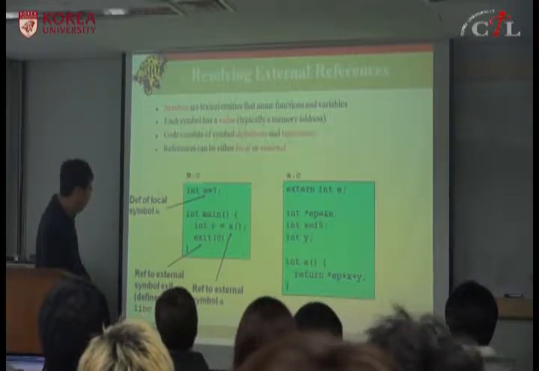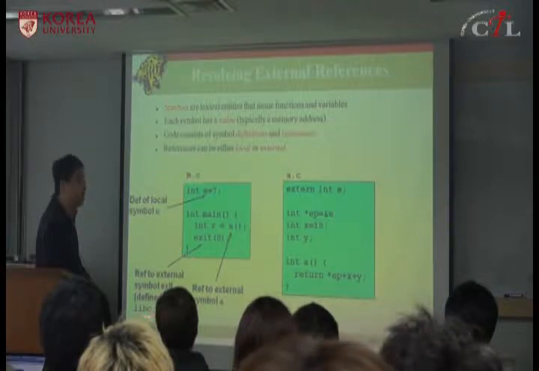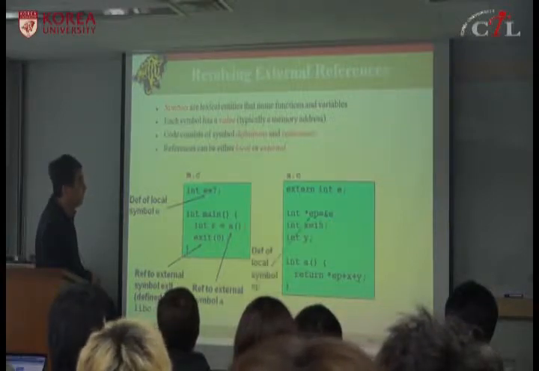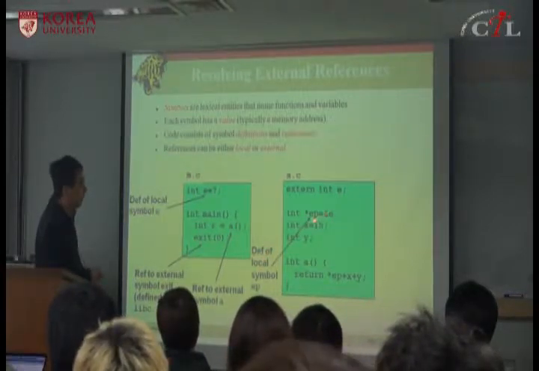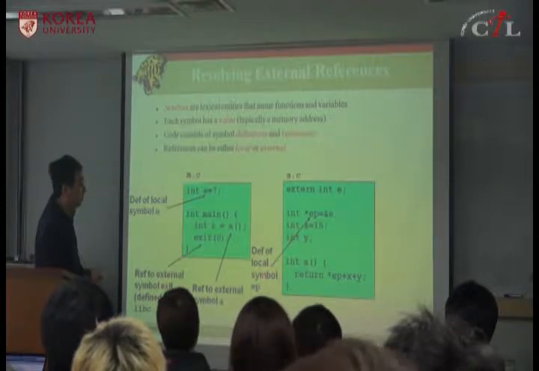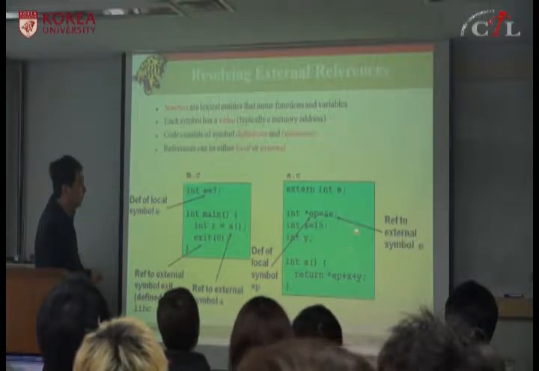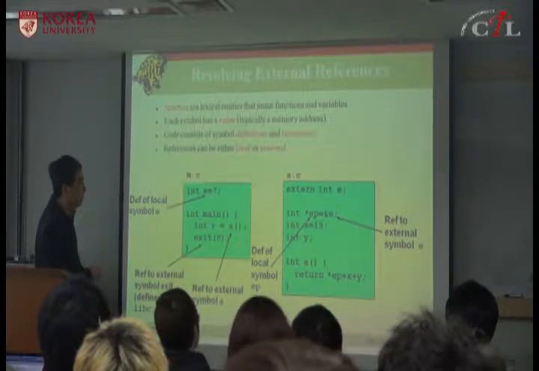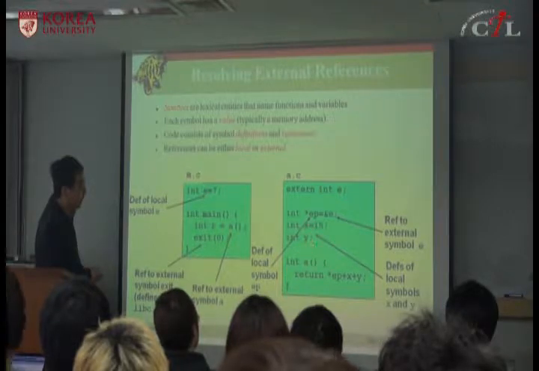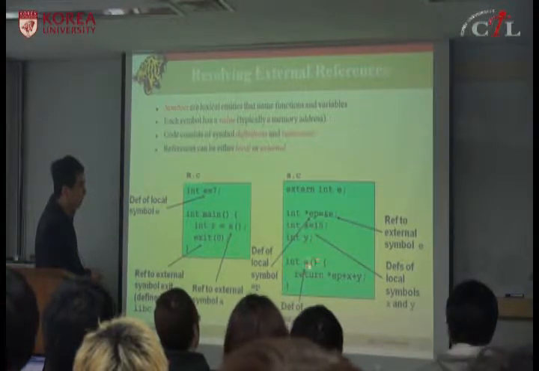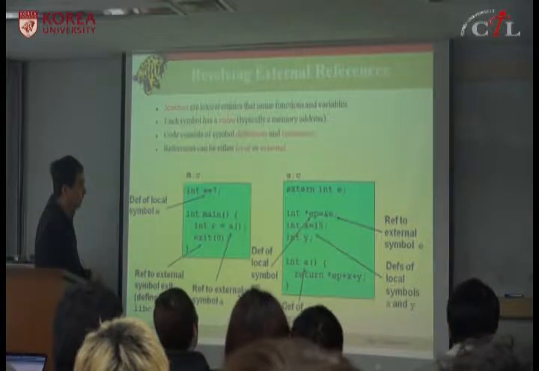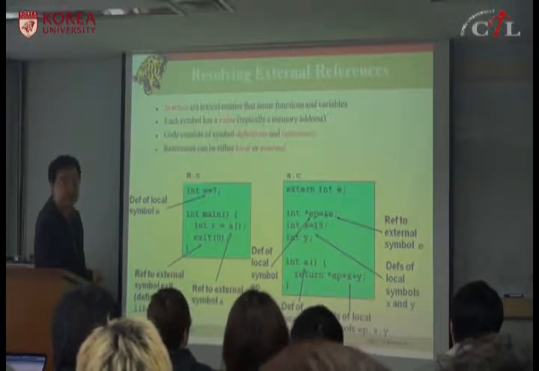Okay? This is actually defined in the standard C library. This is a definition of a local symbol. This is a reference to an external symbol defined in another file. Definition of local symbols x and y, definition of local symbol a, and references to local symbols e, p, x, and y, and so on.